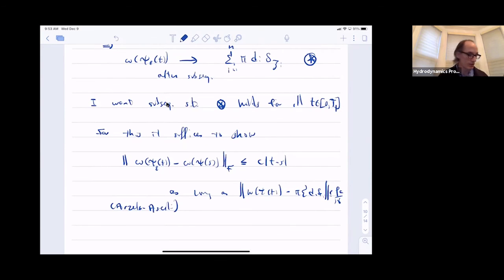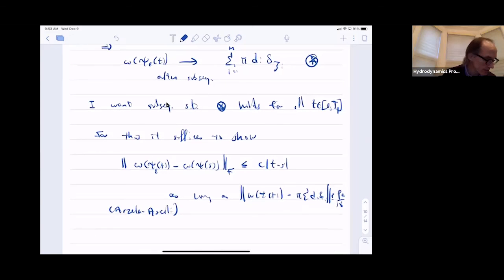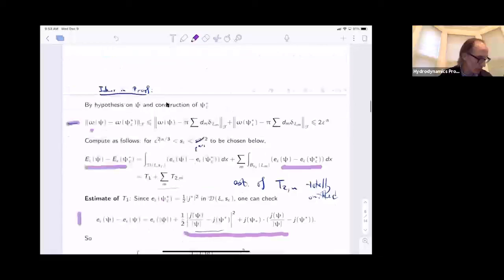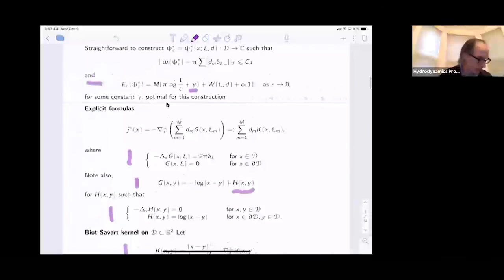Okay, and so how do I do this? What I'll do again and again, starting next time, is control how the vortices move.